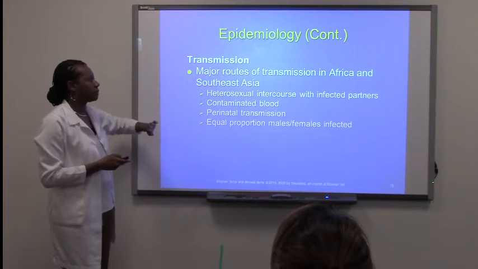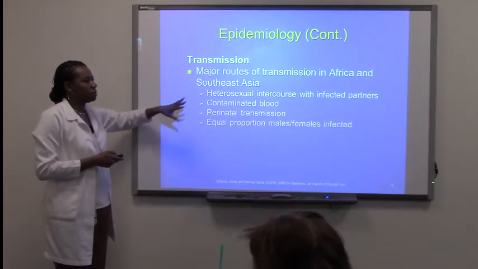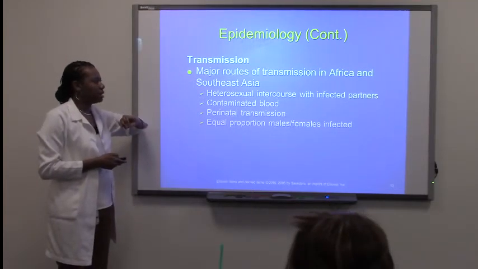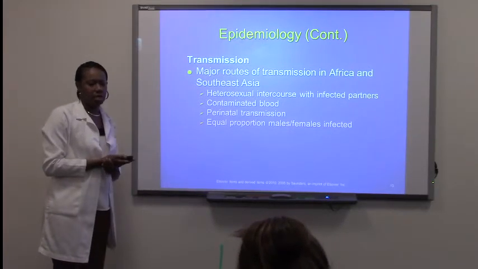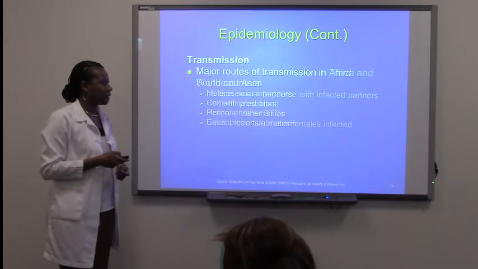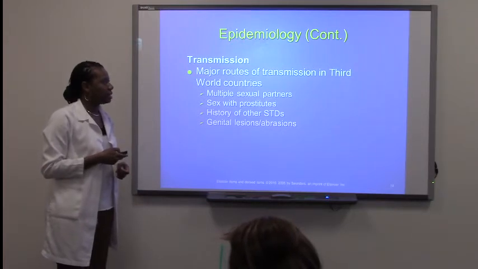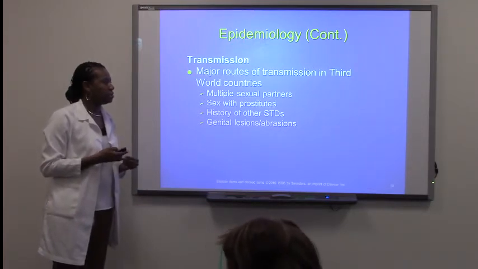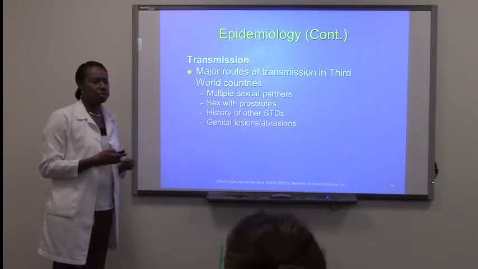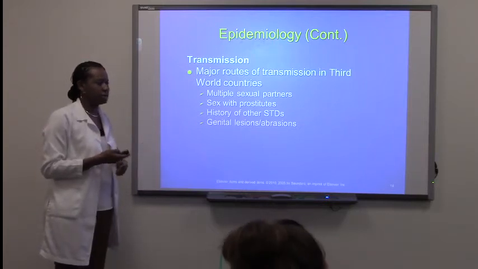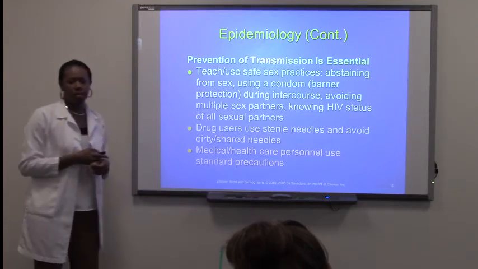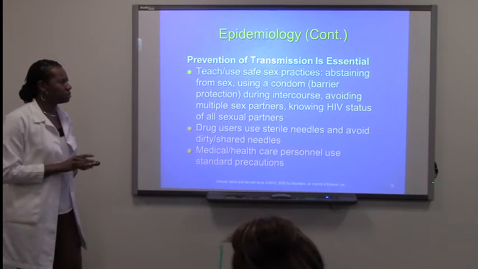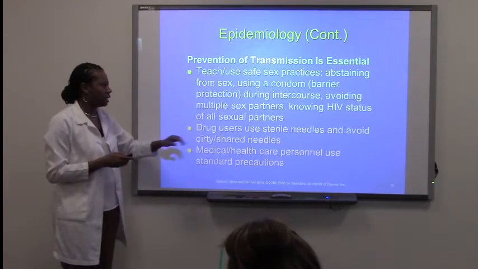Saying the same thing over here. And then when we go to different regions, they do say that it's also sex, contaminated blood, and perinatal transmission. And they say in the third world countries, it's more of an issue with prostitution and different sexual partners and things of that nature.